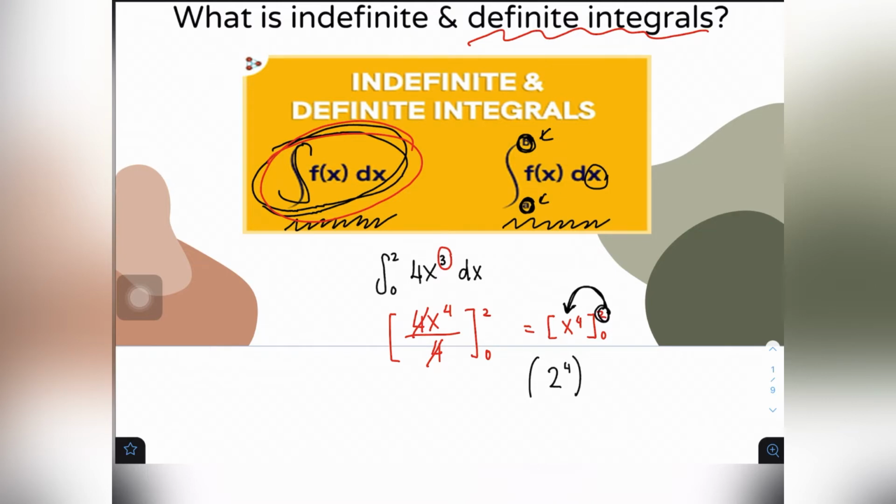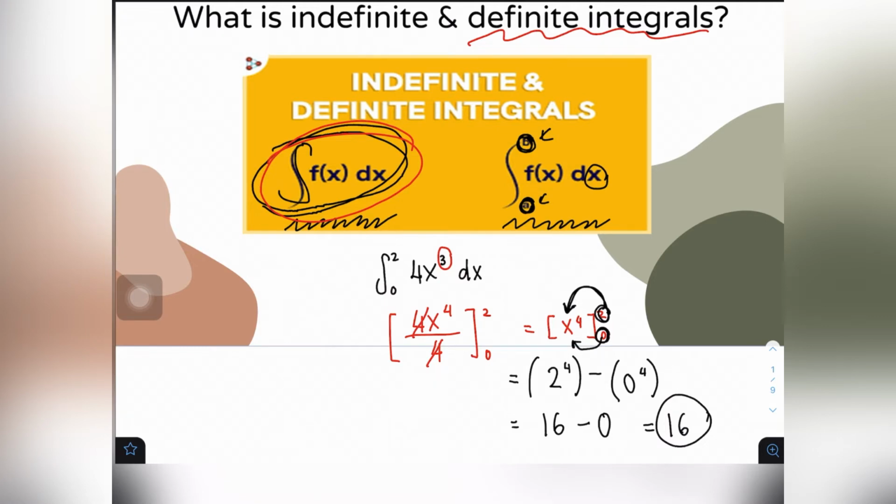And then you need to minus, okay, the sign is minus. Now you substitute the lower limit into x. So you have 0 to the power of 4. Okay, so 2 to the power of 4 is equal to 16 minus 0 to the power of 4 is equal to 0. So what you have here is 16, the value.